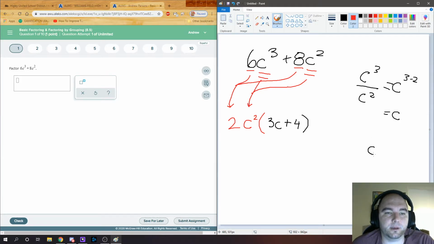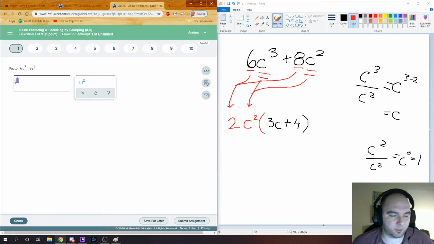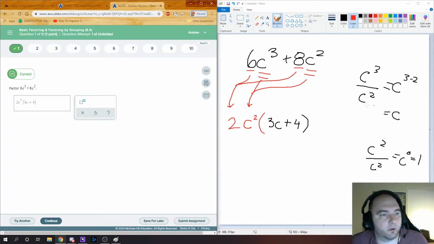And on the other one, c squared over c squared makes c to the 0, which equals 1. And instead of writing 4 times 1, it's just better to write 4. Okay, that was a lot of explaining. I hope it makes sense. So 2c squared times the parenthesis 3c plus 4. Okay, we'll do another one in a second, hopefully.